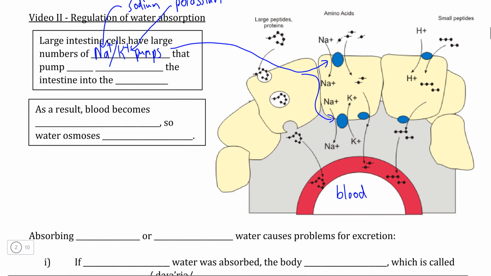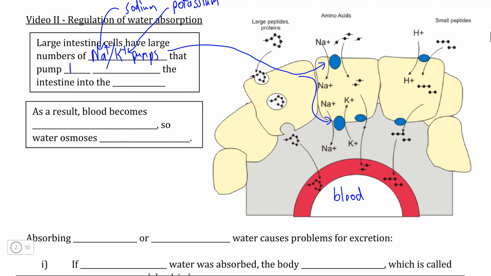And the job of a sodium-potassium pump is to take sodium ions, in other words, sodium ions from the salt that exists in your food, and transport them out of the space in your large intestine where your undigested food is, and into the capillaries that transport blood in and out of the intestines.